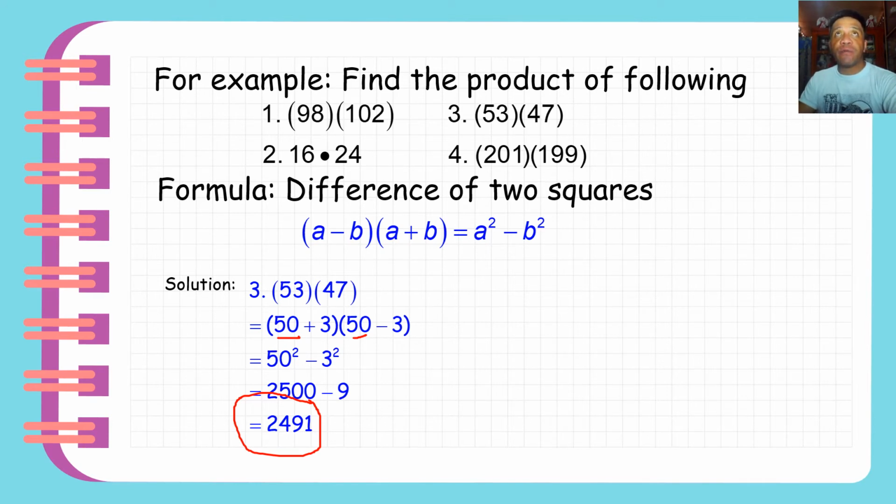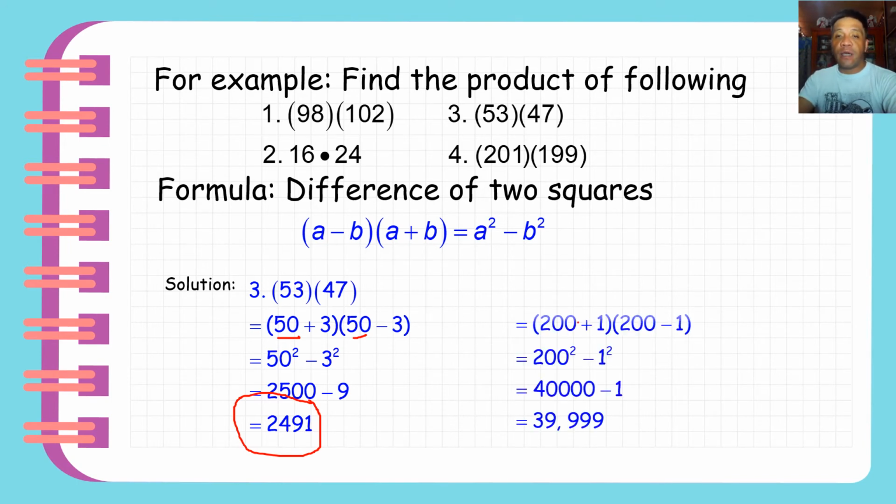Then 200 times 200 is 40,000. Then minus 1, so we have 40,000 minus 1. Yes, that's correct, 39,999 is the value of the product of the two numbers.